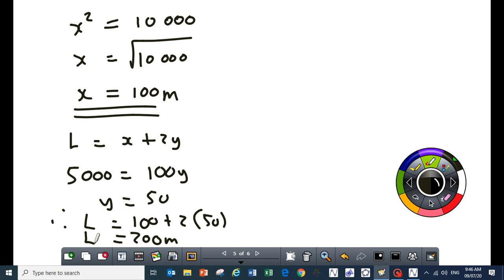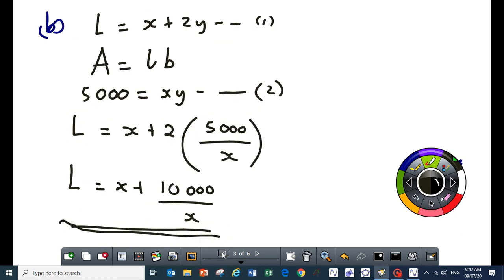Yes? I didn't see the name of L as X plus 2Y, but rather Y plus 2X. It's a good question. In my opinion, the question is also not very fair.